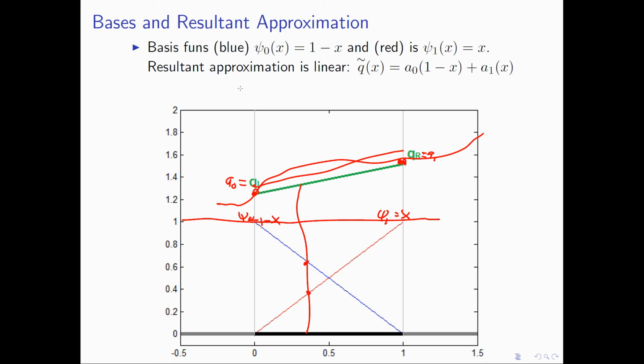Well, one way we could do it is that we could require that the inner product of our exact analytical solution with our basis should be equal to the inner product of our approximation, let me call it f tilde, with respect to our basis.